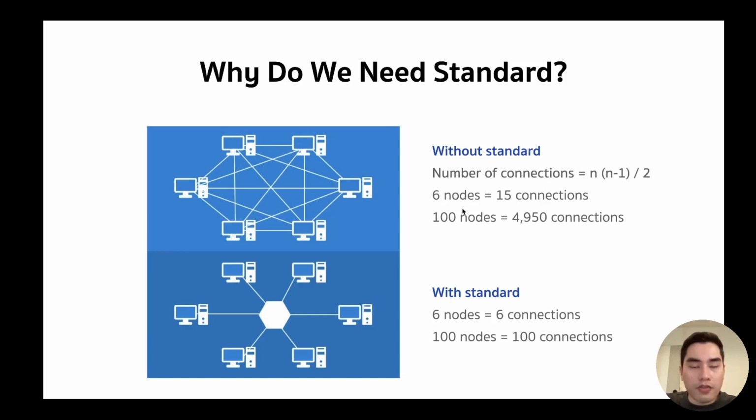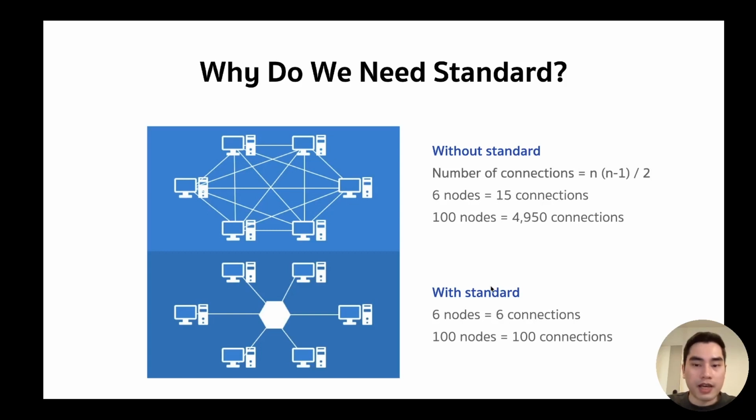So if we have 6 nodes, it's 15 connections, all of this. If it's 100 nodes, it's around 5,000 connections. So let's say that one connection is 100,000 baht. That is quite a lot of money to connect everybody in the loop.